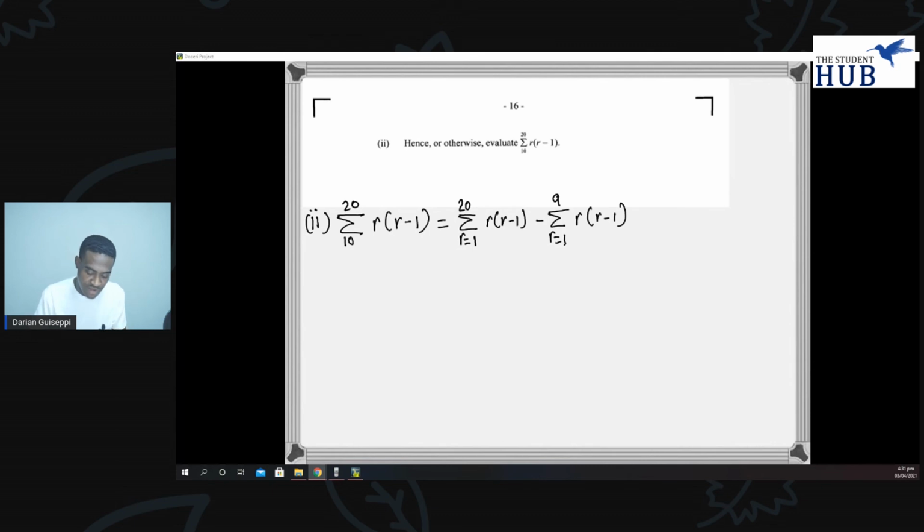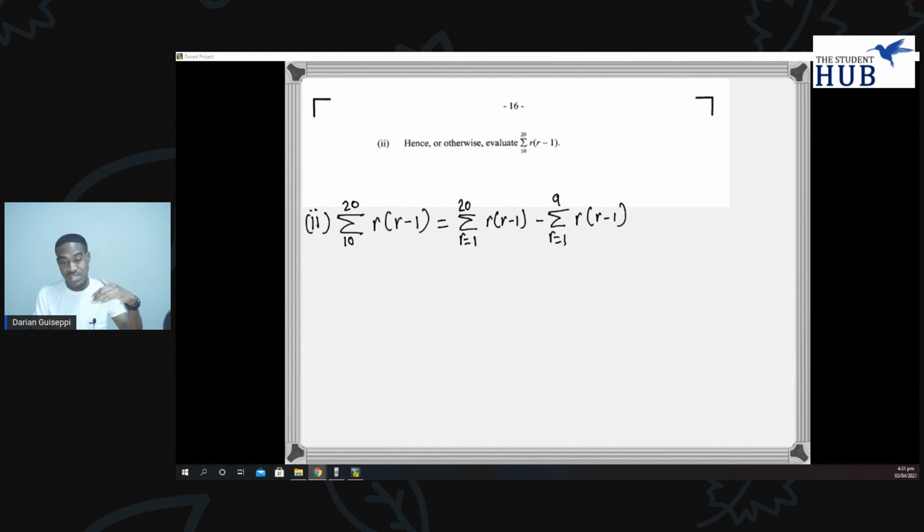You find the sum of the terms from r equals 1 to 20. So that is basically the sum of the first 20 terms for the particular series. But that is not what the question is asking us. It's asking us from 10 to 20, from the 10th term to the 20th term.